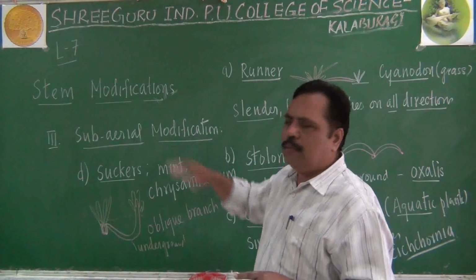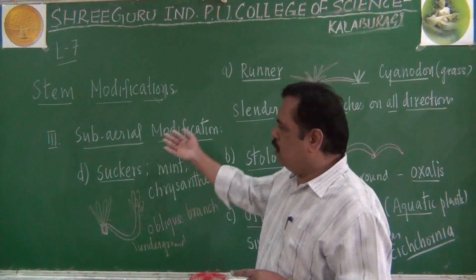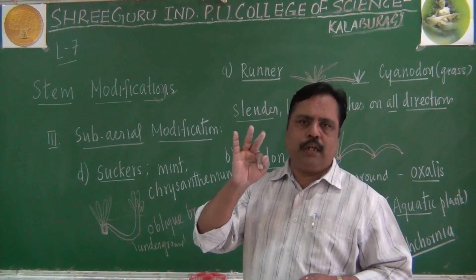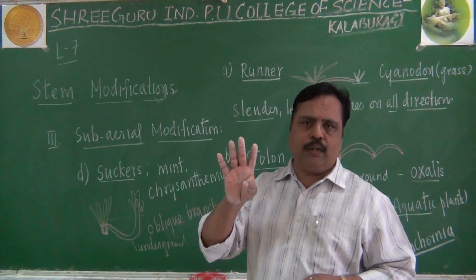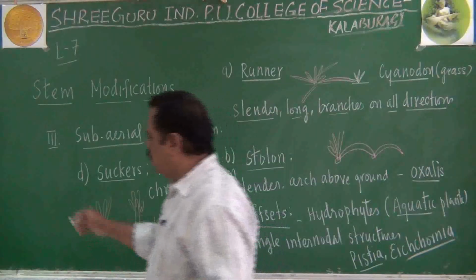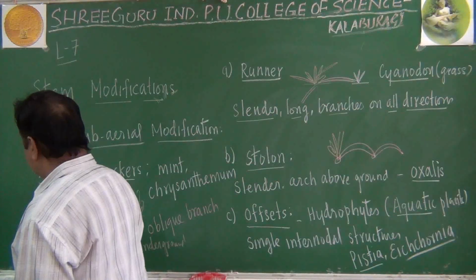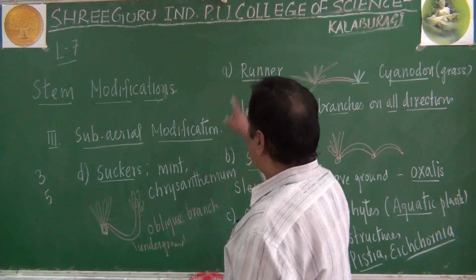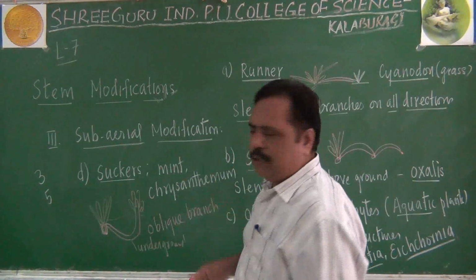In aerial modification, I told you about stem tendril, stem thorn, phylloclade, cladode and bulbil, 5 types. So 4 underground modifications, 5 aerial modifications and 4 subaerial modifications.